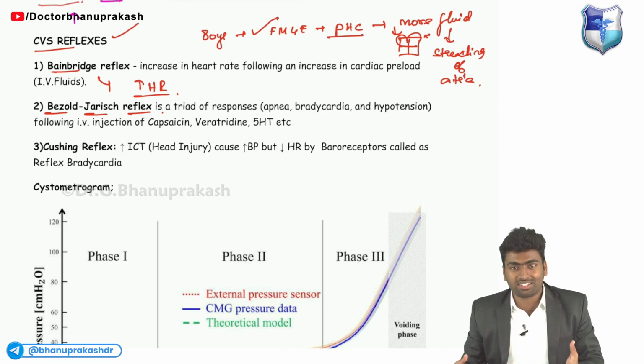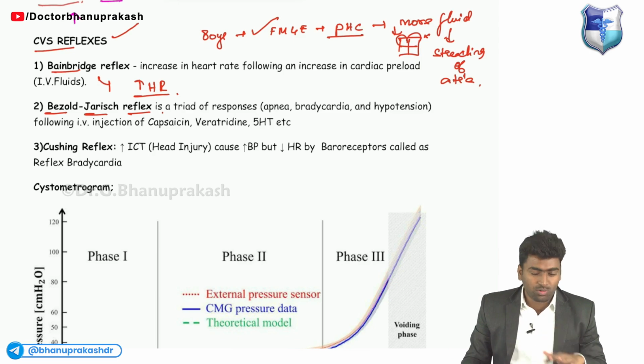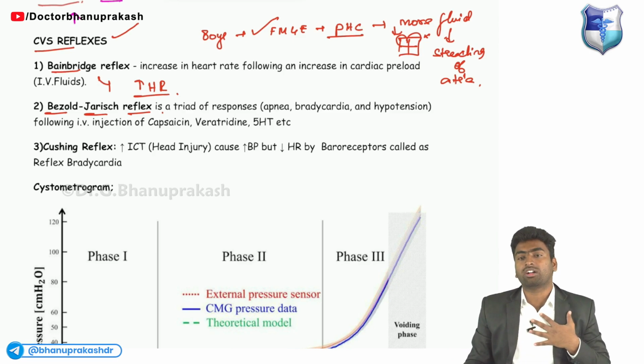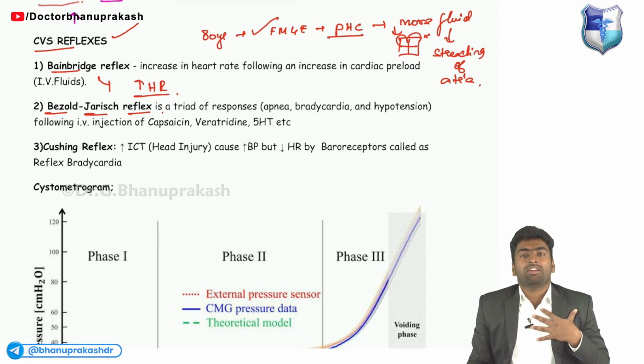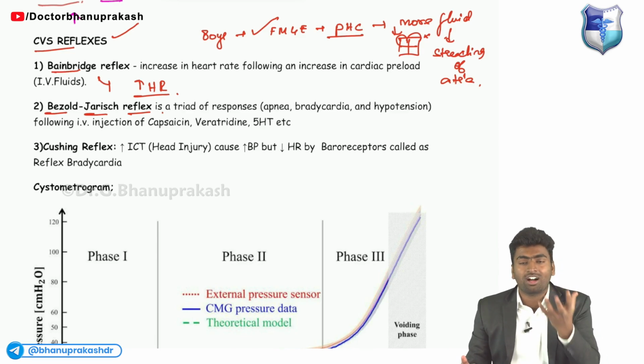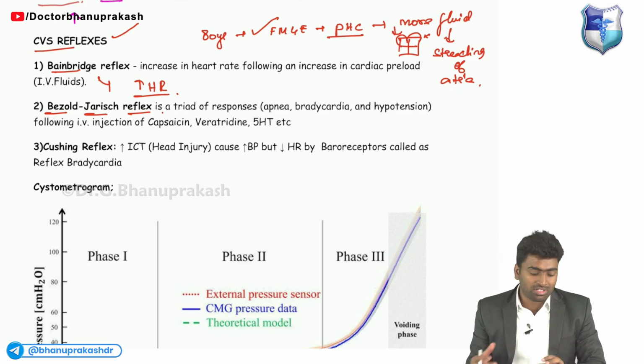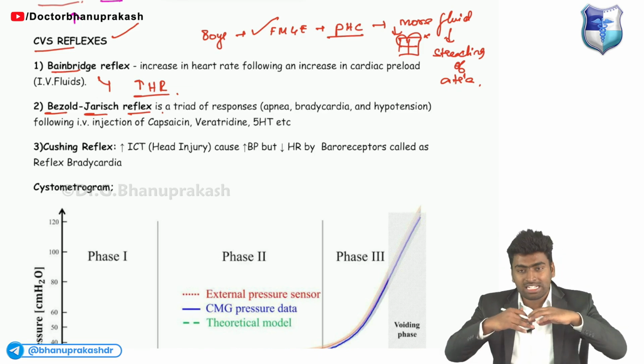So your pretty heart will sense it. Your heart will feel, no, I am suffering, but I should not make others suffer. So this heart will cause bradycardia and less cardiac output, so that these toxins will not be transferred to other tissues.